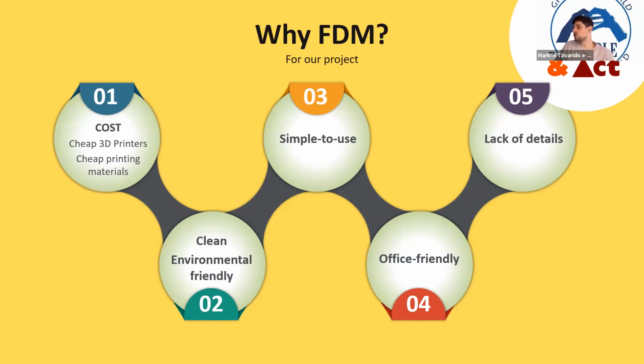And there are a lot of choices of 3D printers that can be very cheap and rather expensive, depending on what you need. The materials used for FDM 3D printing are also very cheap. For example, a spool of PLA, which is the most commonly used material in 3D printing, costs approximately 20 to 25 euros.